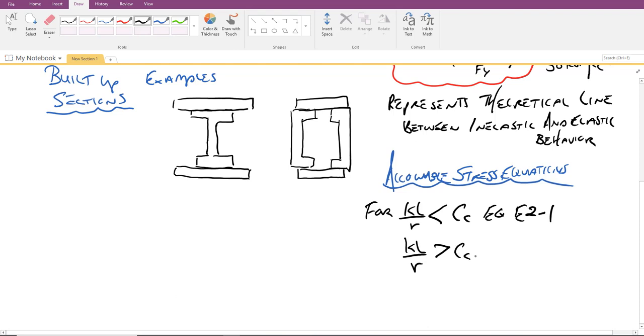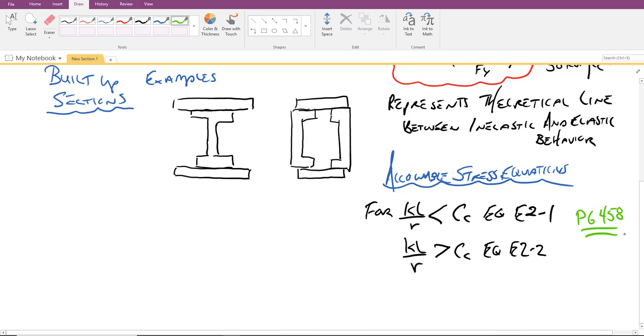It's actually a little more simple than the first one. Elastic behavior is quite a bit more mathematically easy to approximate with an equation. And you'll see that in equation 2-2. Now these have funny equation numbers because they're referencing the steel manual that the industry utilizes. And so you can see those as I indicated on page 458.